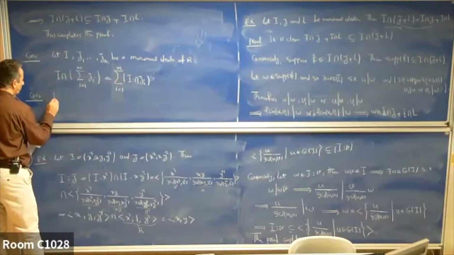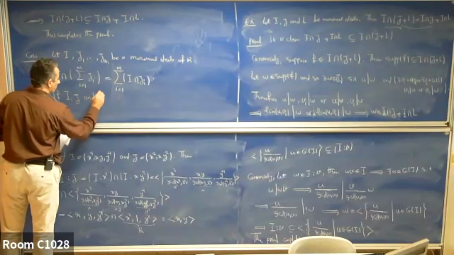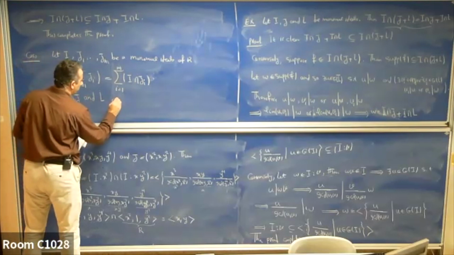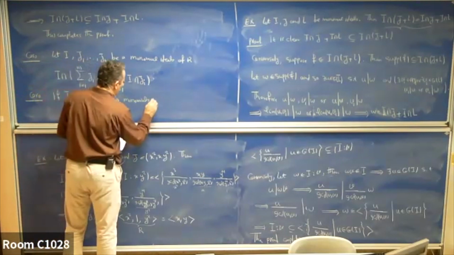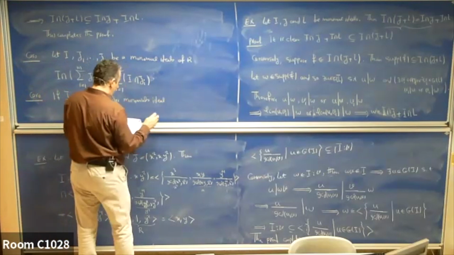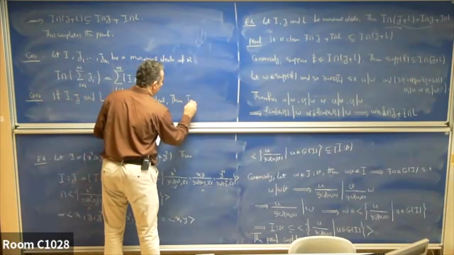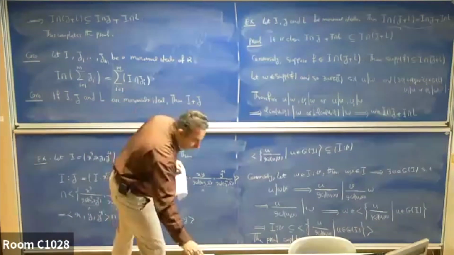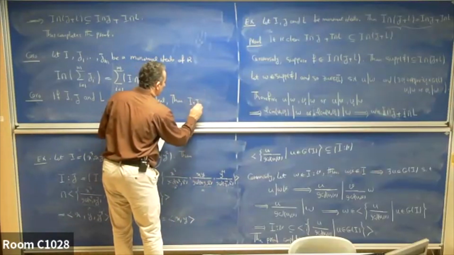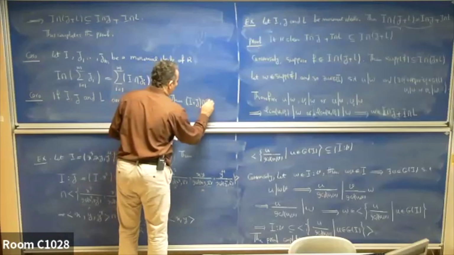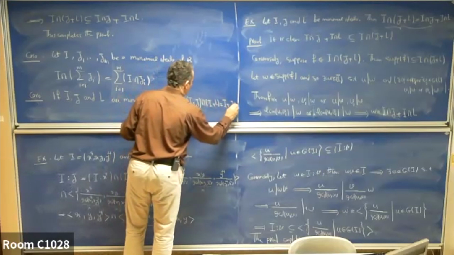We have these equations, and so another corollary. If I, J, and L are monomial ideals, then (I + J) intersection (I + L) is equal to I + (J intersection L).